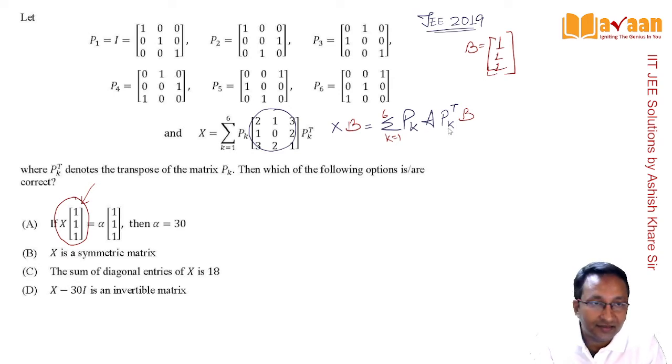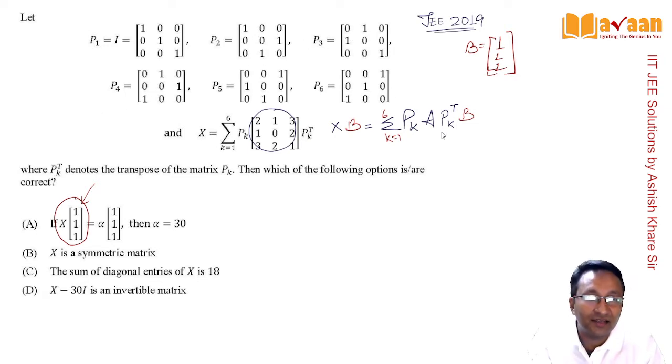What I realize is that the transpose of any of these matrices would also have 1, 1 in the row or column, and all other elements would be 0. In fact, if I look at this, except P4 and P5, probably all matrices are symmetric. So there the transpose is the matrix itself.